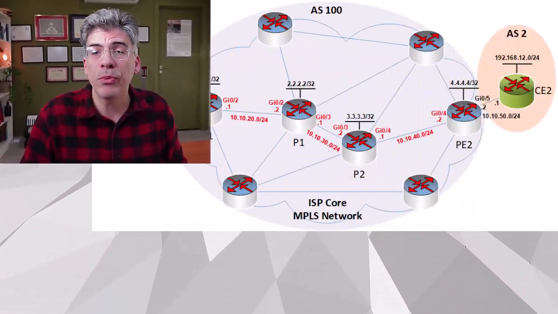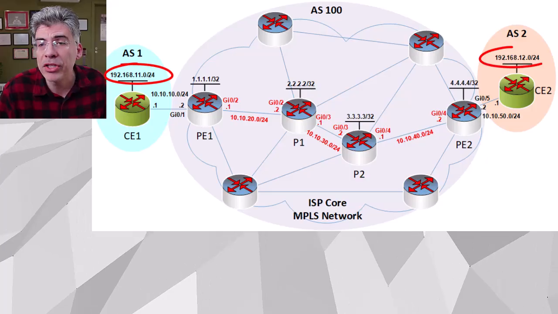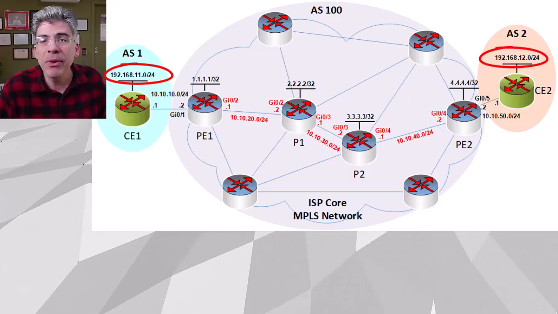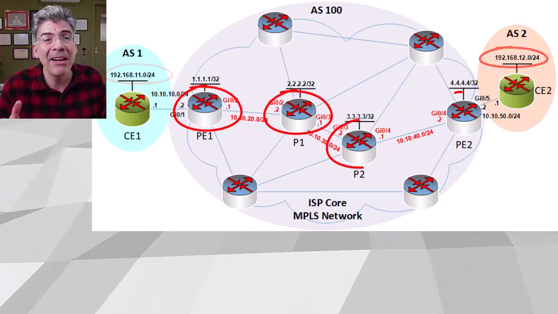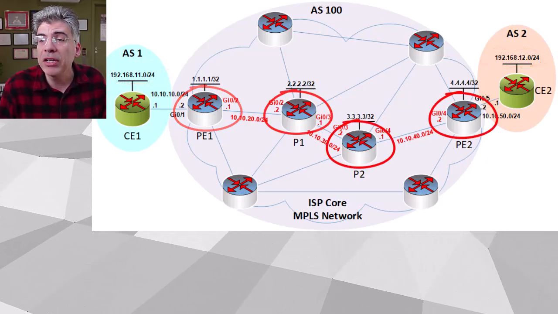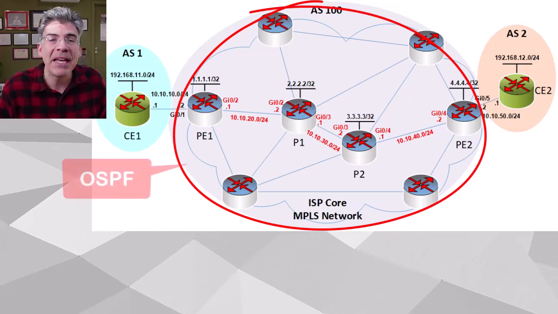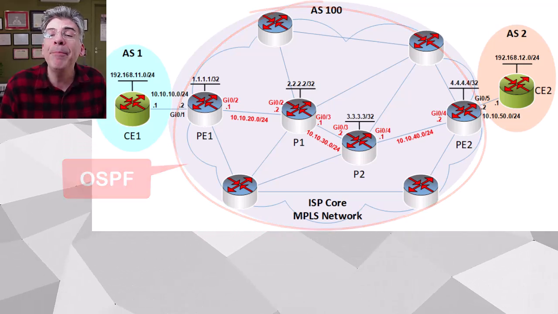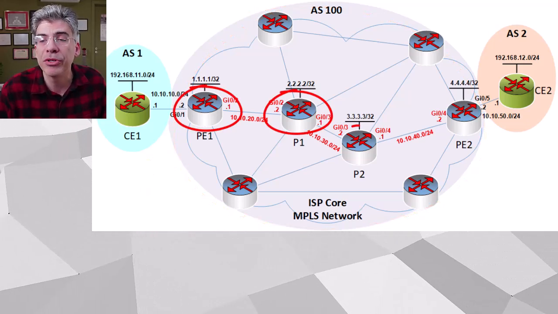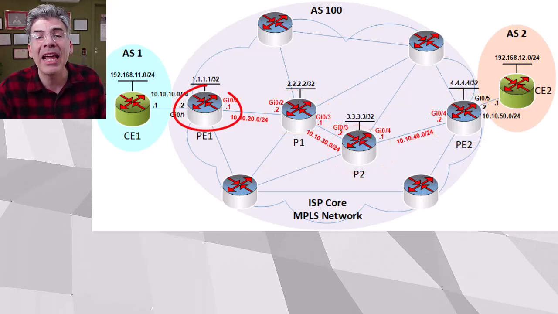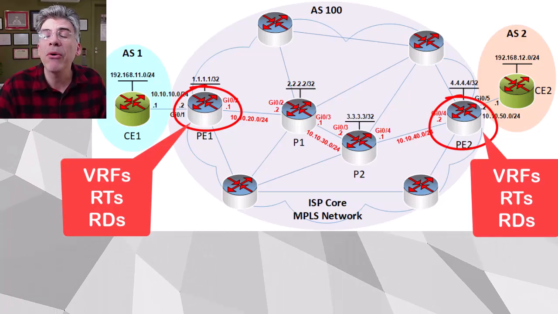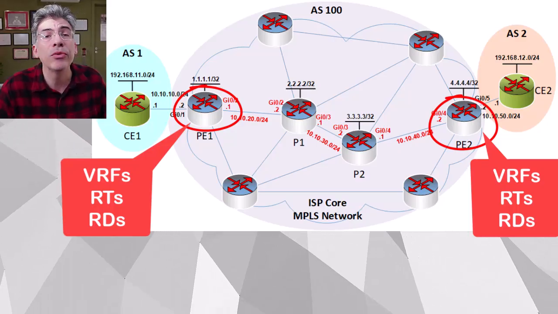So here's our network. We have our customer networks on our CE routers, and we've configured the loopbacks and the physical interfaces of all the P and PE routers. We've also configured OSPF on the ISP underlay network, and we've enabled MPLS on all the P and PE routers as well. We also configured our VRFs in PE1 and PE2, along with our route distinguishers and our route targets.